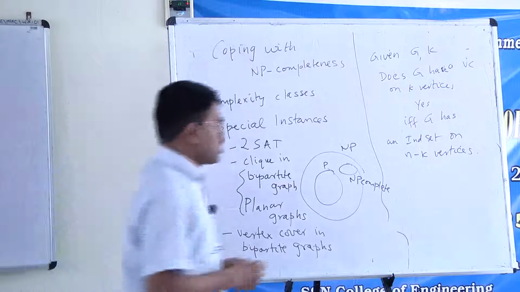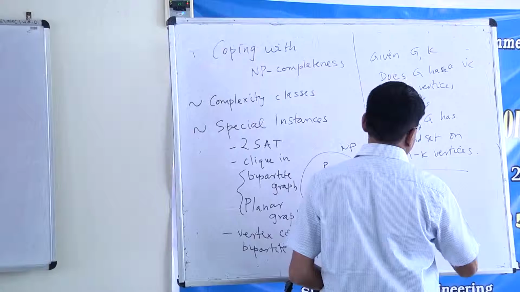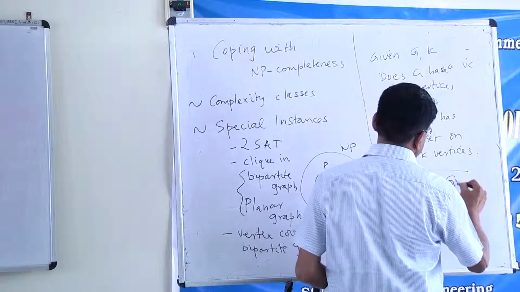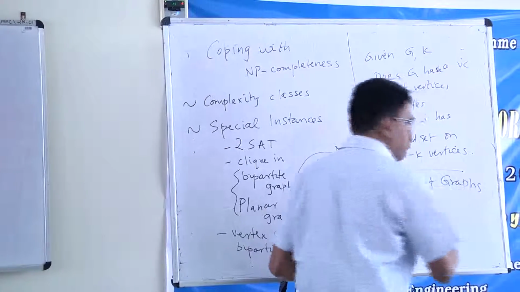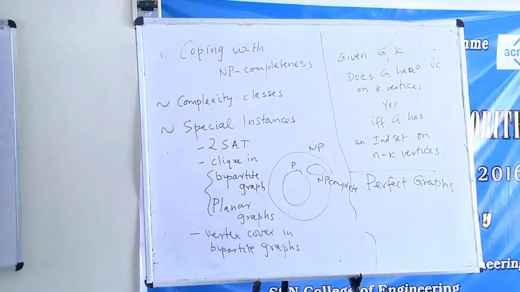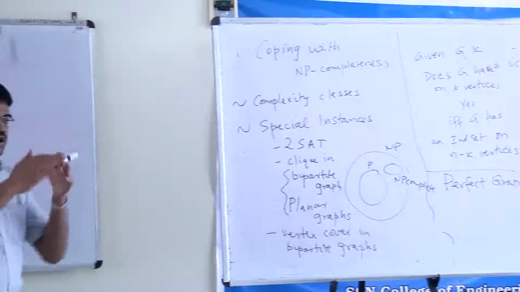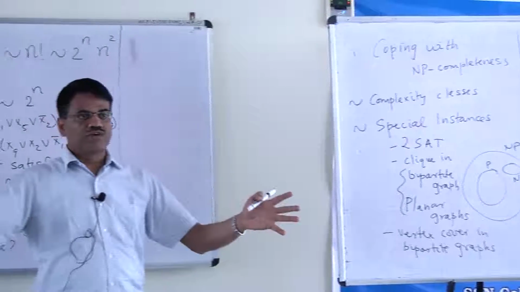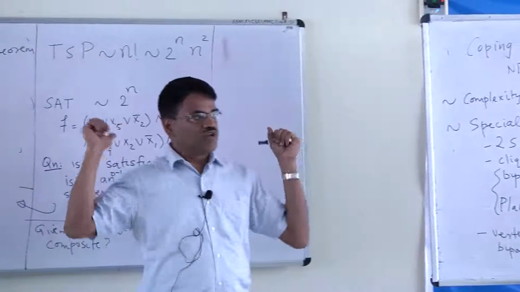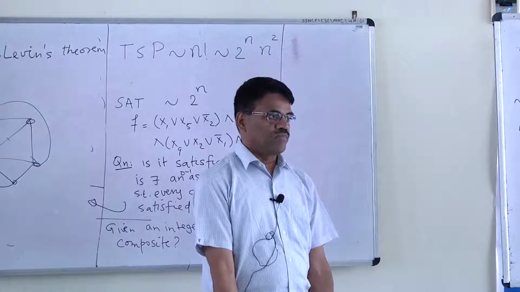There is a whole class of graphs called perfect graphs. There is a whole book on perfect graphs. Chordal graphs, interval graphs, permutation graphs: you can define some interesting structure about the graph that defines your class of graphs. In that class of graphs, you look at these hard problems and see whether they are solvable in polynomial time, and they can be.